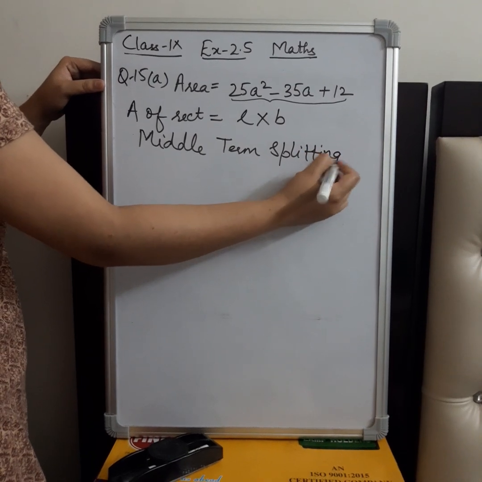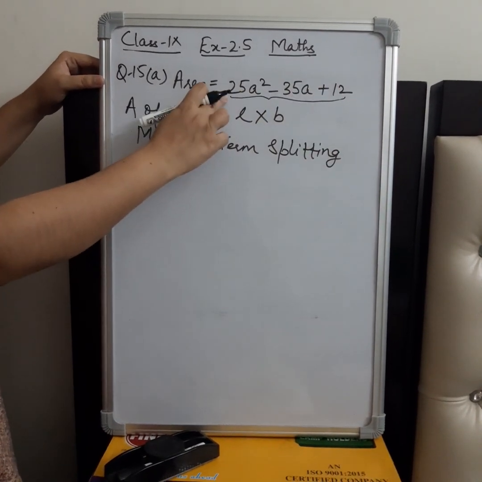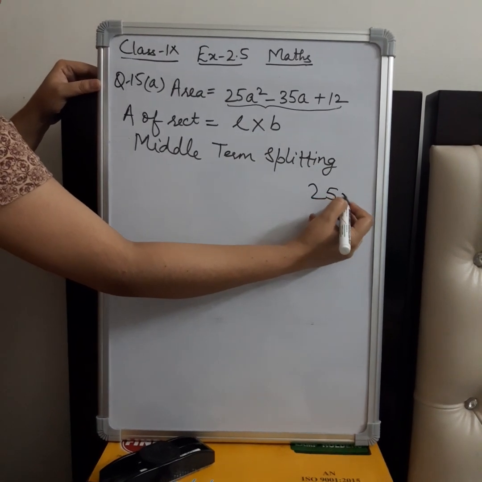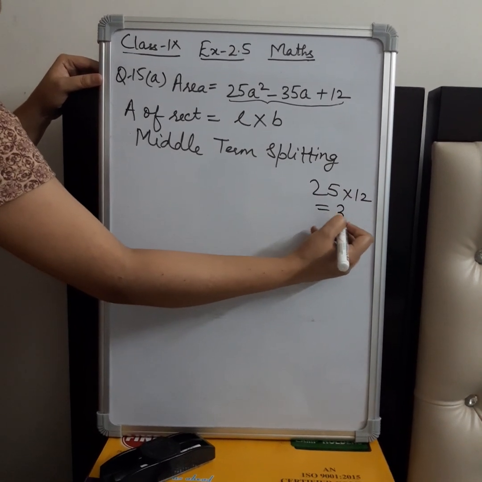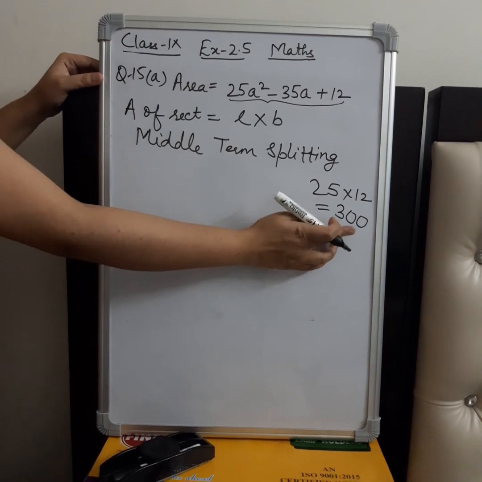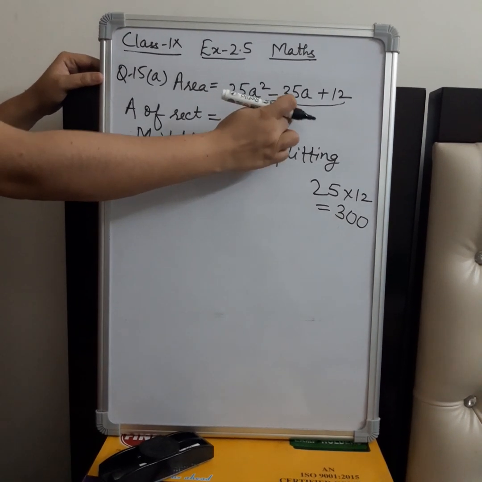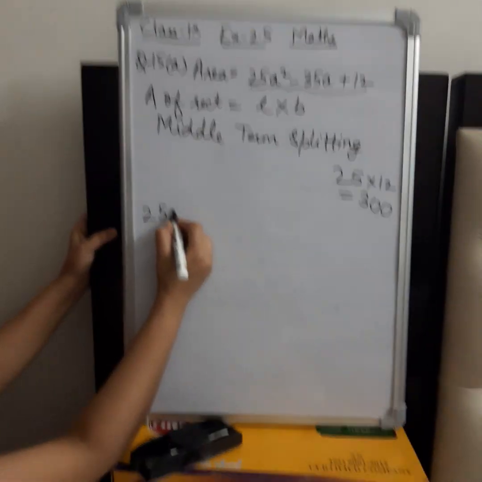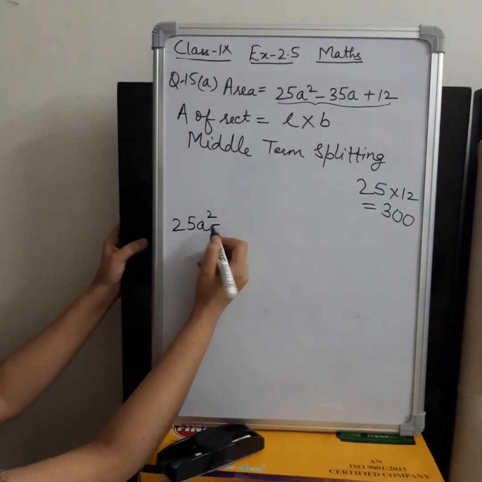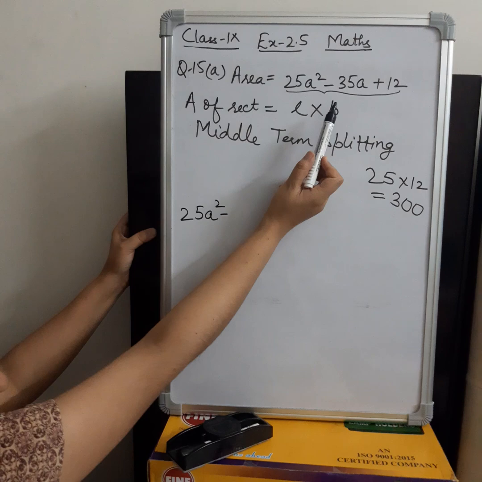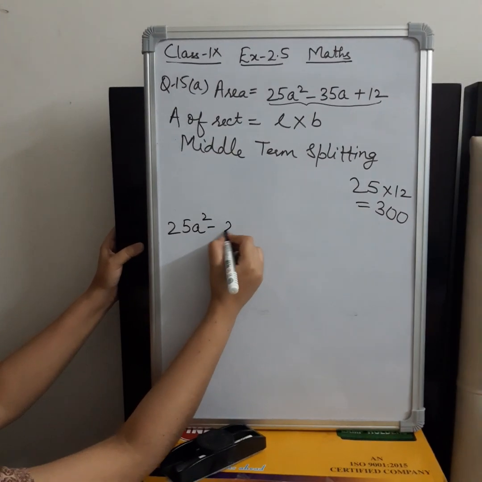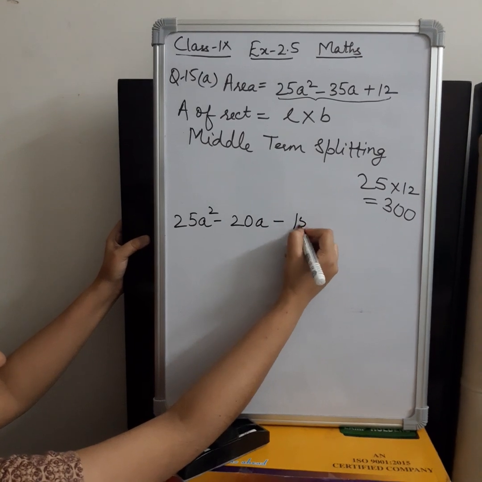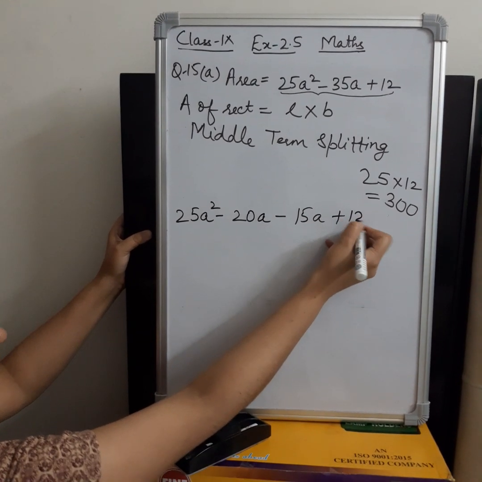Now what we do in that, last term multiply by the coefficient of the first term. So 25 into 12, it will be equal to 300, and we have to split 300 to make 35. So it will be 25a square minus, because I need minus 35, so I am taking minus 20a minus 15a plus 12.